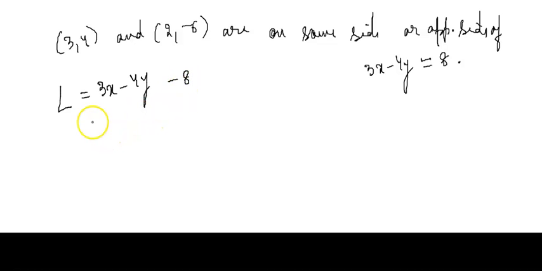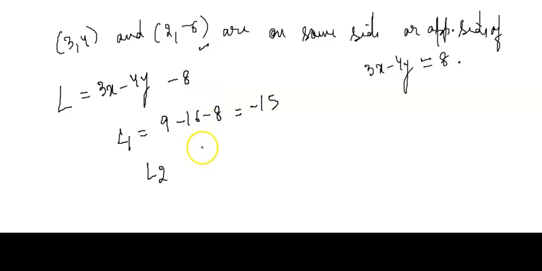Now if I substitute (3, 4) in this, the value L1 comes out to be 9 - 16 - 8, so it comes out to be -15. And if I substitute the point (2, -6), it comes out to be 22. Now this is less than 0 and this is greater than 0. So that means these 2 points are on opposite sides of the given line.